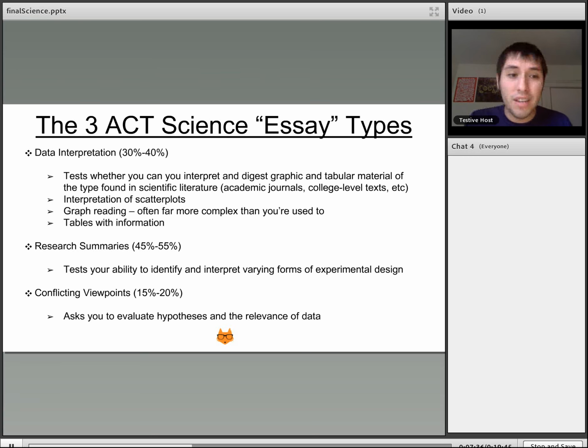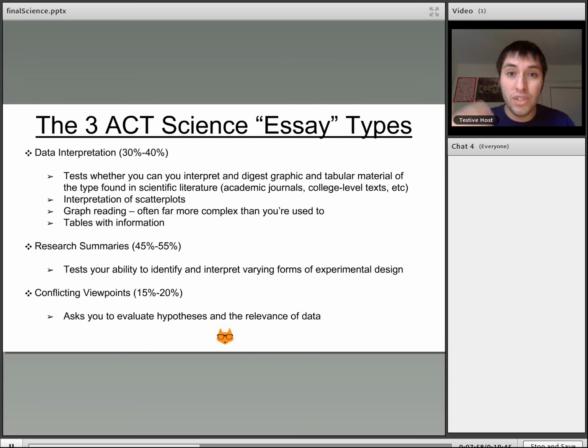And these are going to be testing your ability to identify and interpret varying forms of experimental design. Experimental design is something that many students have been looking at since elementary school, and that you should be used to evaluating. But identifying and interpreting it are two different things.